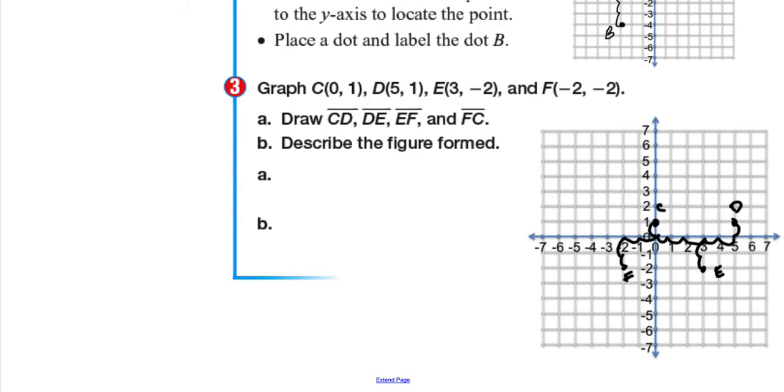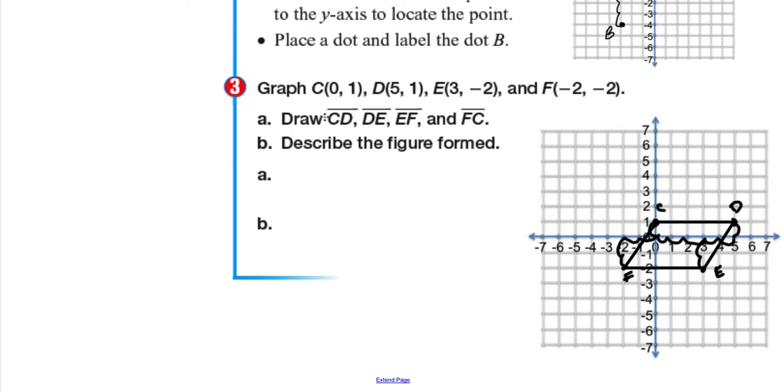Now it's asking us to draw segment CD. So draw segment CD right there, and segment DE right there. Segment EF, and finally segment FC.